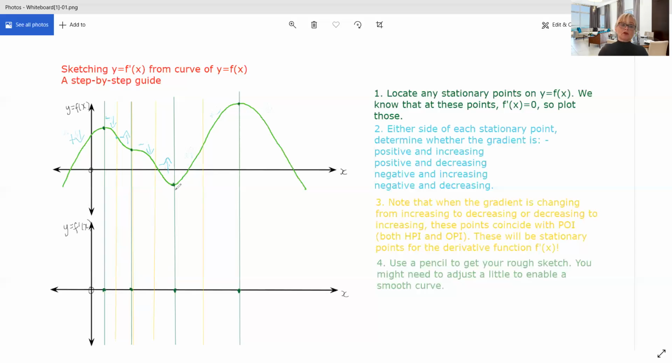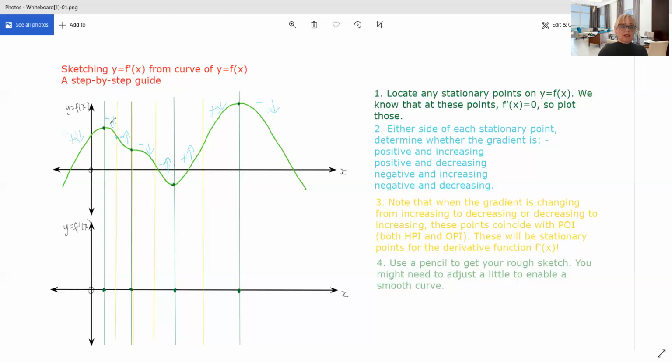Okay, this section here, the graph is increasing at an increasingly steep rate, so it's positive and increasing. It's positive but becoming less steep, and here it's negative and becoming more steep. So how are we going to draw this? Definitely use a pencil, because in order to get a smooth shape, quite often you'll need to adjust a little bit here and there.